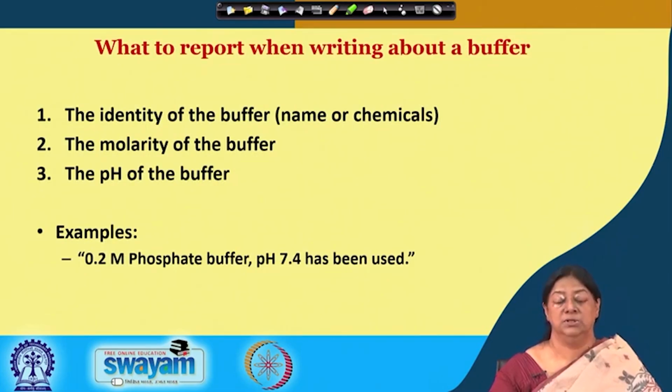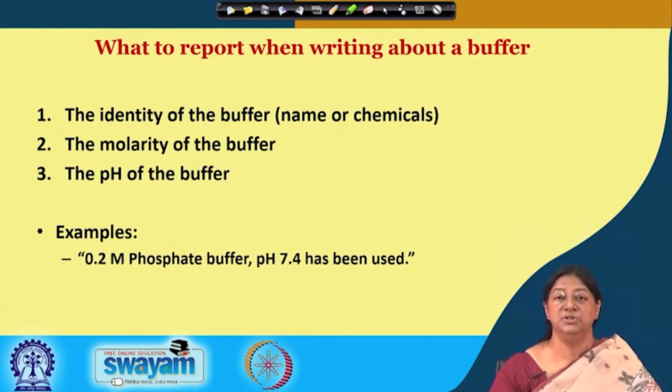Now, when we report about how a buffer is used or what kind of a buffer is used, it is important to mention the identity of the buffer, the name or the chemicals, the molarity of the buffer and the pH of the buffer. This is required. So, if the experiment has to be repeated, it can be made reproducible from a knowledge of knowing that, for example, 0.2 molar phosphate buffer has been used of a pH 7.4.